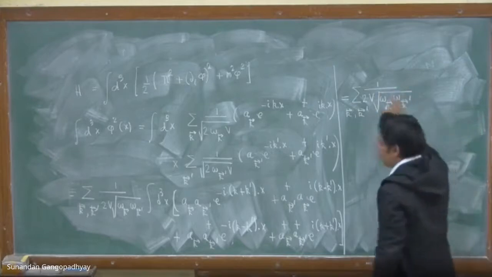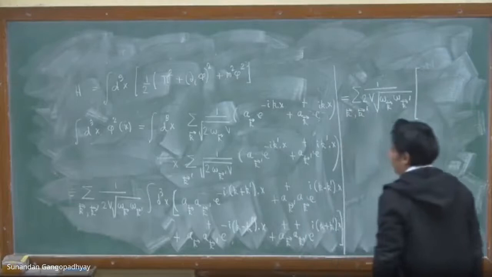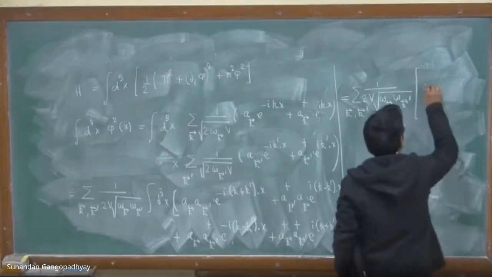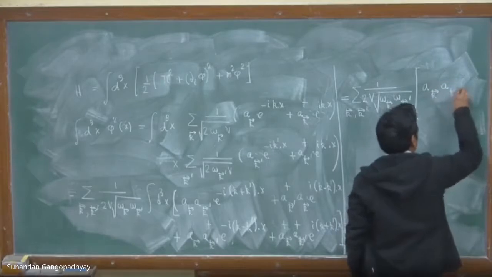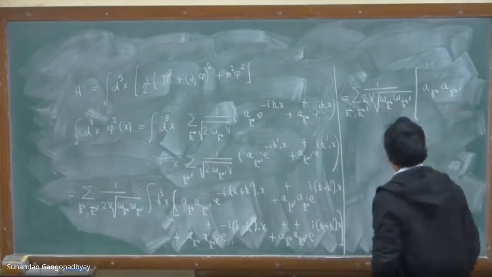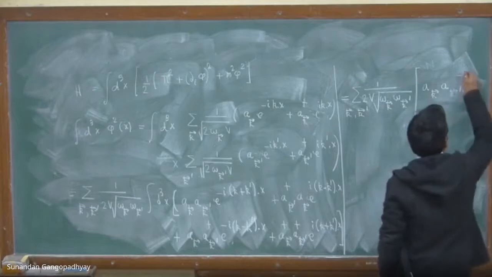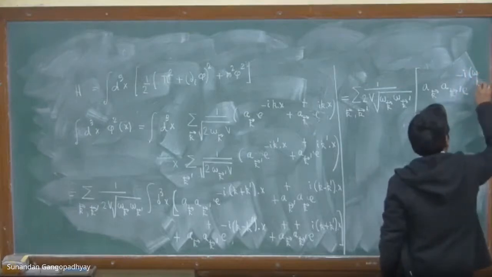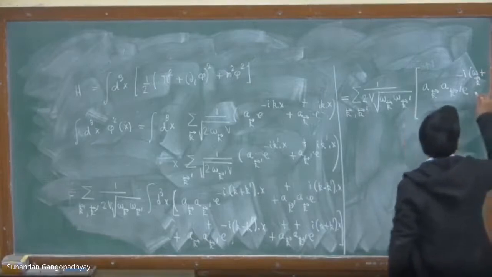This is the factor that remains outside, and then this will be multiplied by a_k prime, and then you have e to the power minus i omega k plus omega k prime. I hope you can see this.